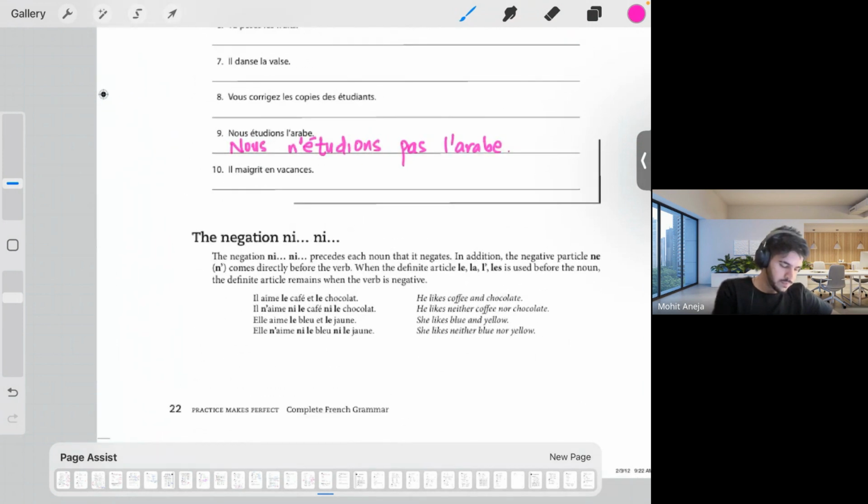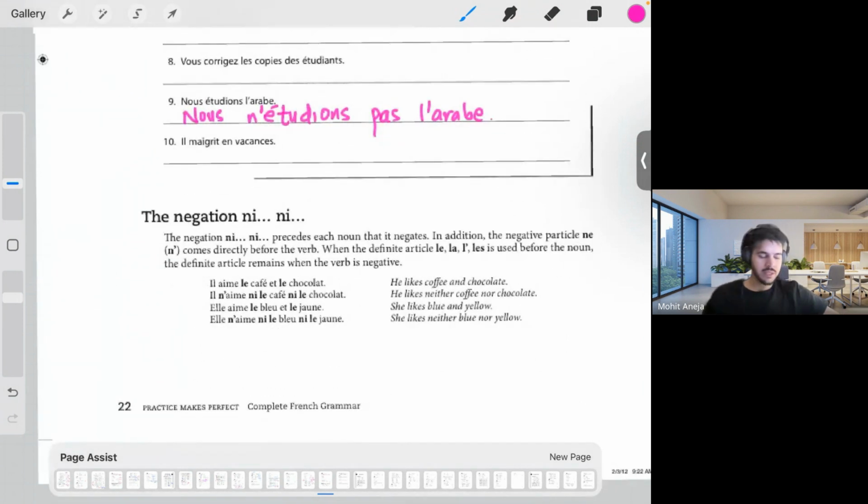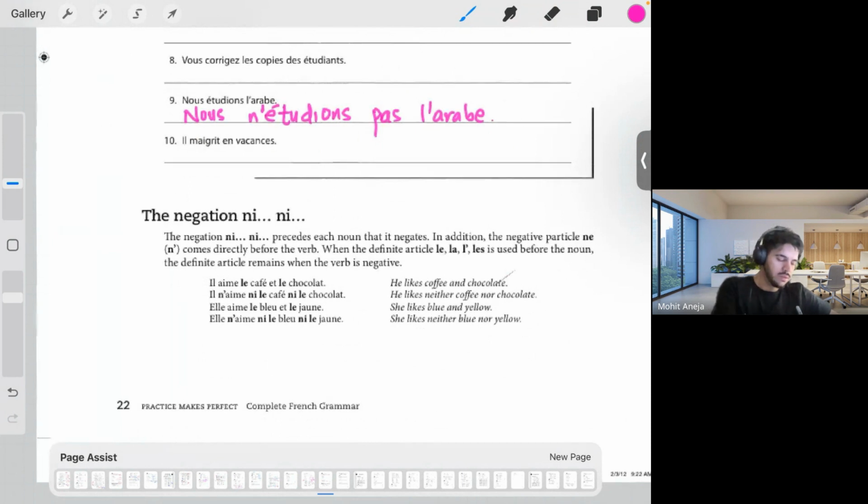The other form of negation that I want you to learn here itself is ne... ni... ni, meaning neither... nor. So it's actually not two words, it's three words. You start with the ne, then you say ni, and then you say ni again. The ne stays the same for the negation.